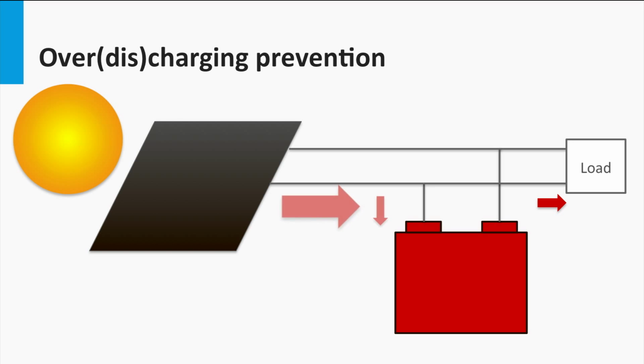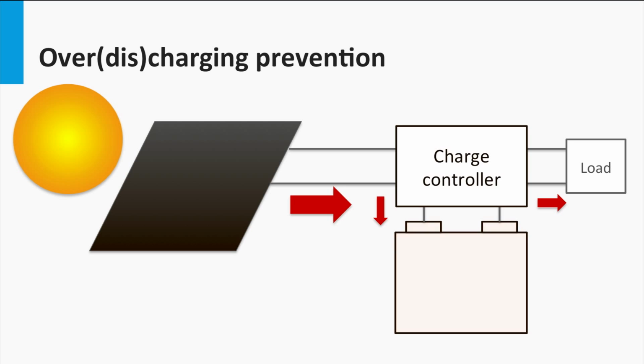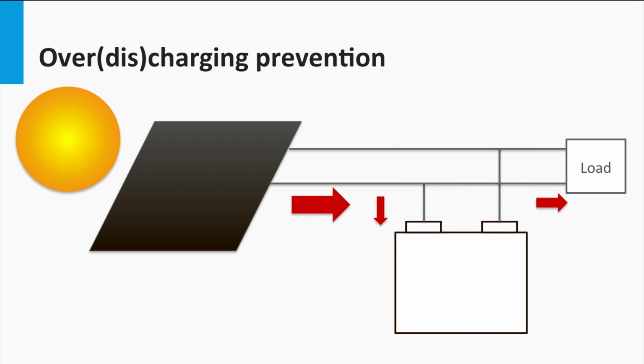But when the battery is fully charged and the PV array is still connected, the battery tends to overcharge. This brings about its own set of problems like gas formation in the lead-acid battery, capacity loss, and overheating, to name a few. The charge controller here plays a vital role by cutting off the PV power from overcharging the battery.